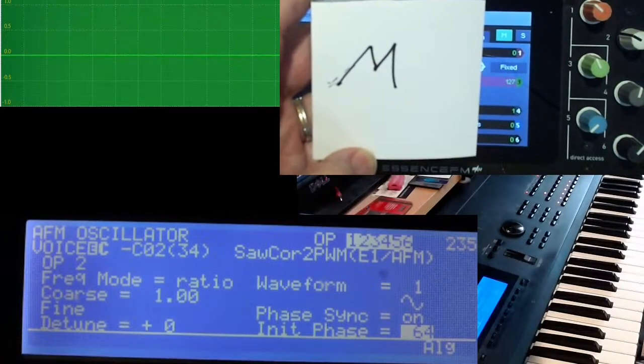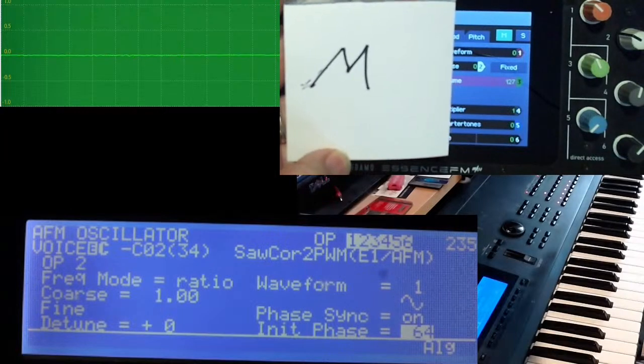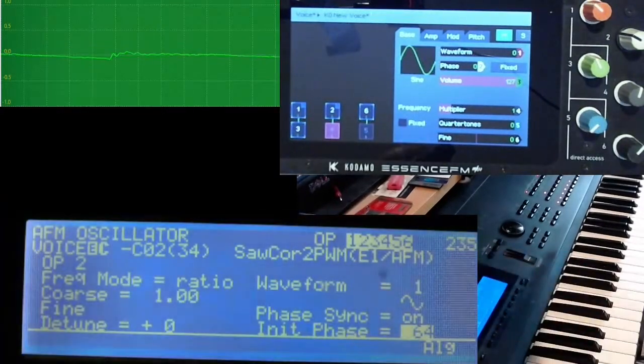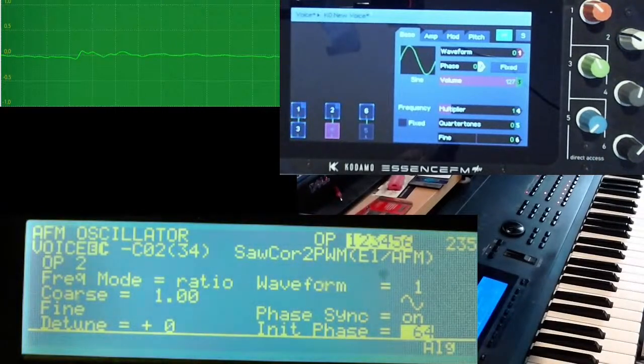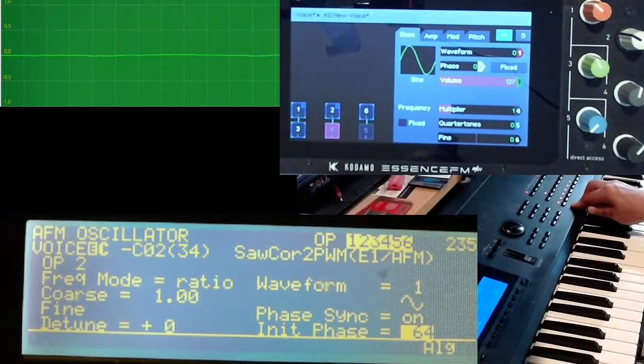So it's kind of like pulse width modulation of a sawtooth wave. And basically, when you get the double sawtooth, you're going to get a lot of carrier fundamental suppression, and it's going to sound like it's an octave higher. So here's the regular. Now here's our double sawtooth.